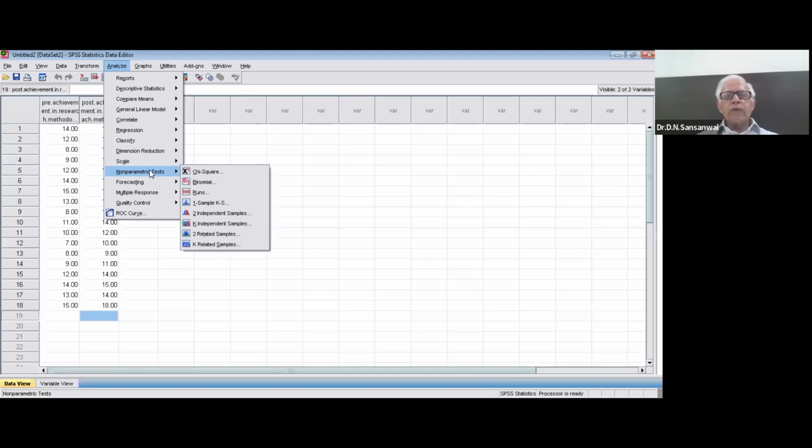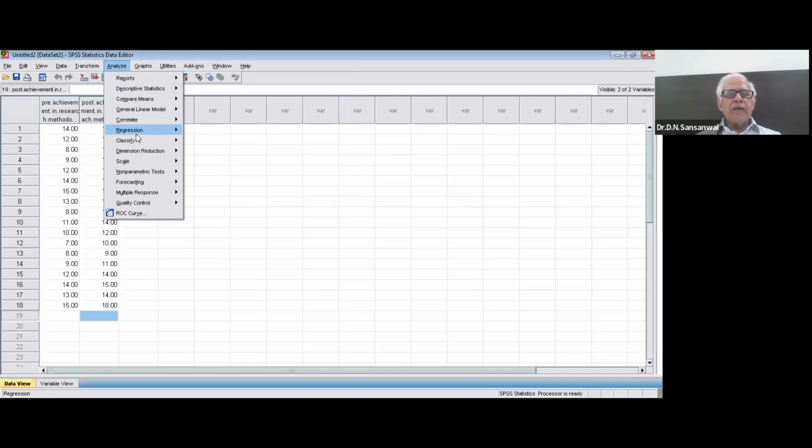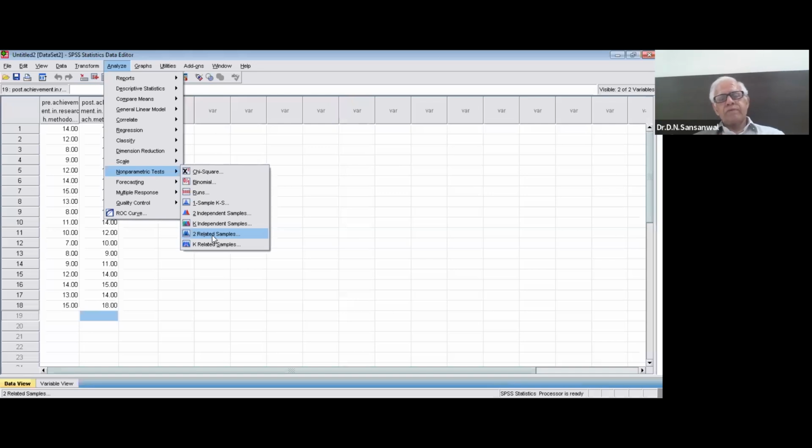Should I go to the 2 independent samples or k independent samples or 2 related samples or k related samples? Yes, all of you have given the correct answer. We have to go to 2 related samples. So I click here: analyze, and then non-parametric, and then 2 related samples.